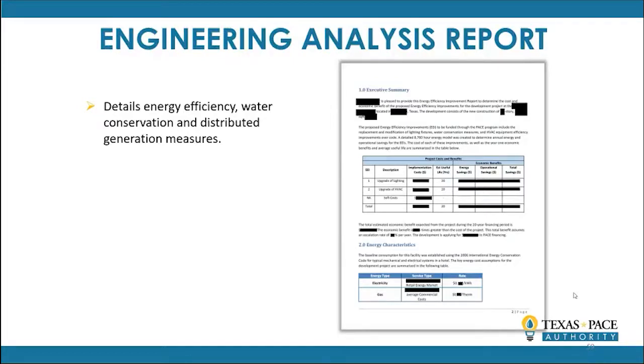Basically, this is a document that takes all of those measures that will be listed in the notice of assessment that will be funded through PACE and gives an explanation as to what the measures are, some details as far as the economic benefits, and talks through different characteristics of each one.